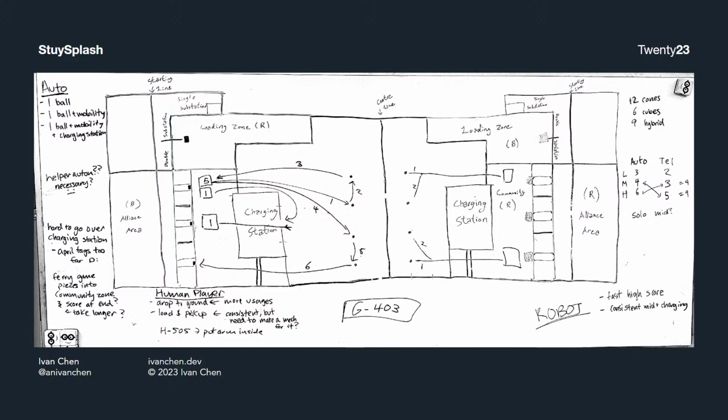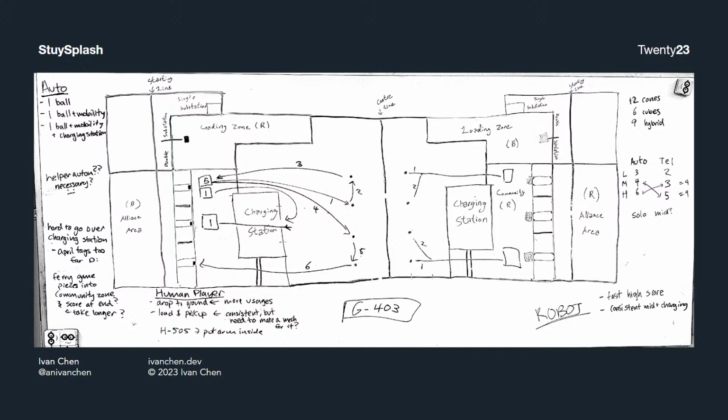This is a little bad because we thought we would be able to pick up two pieces at the same time in auton, but the fact still stands that if you just draw them out, you simulate them. Especially, we simulated our autons with actual humans. They just walked around a life-size taped out field that we taped up during kickoff, and we just saw what types of autons we want, what we can do, and things like that.